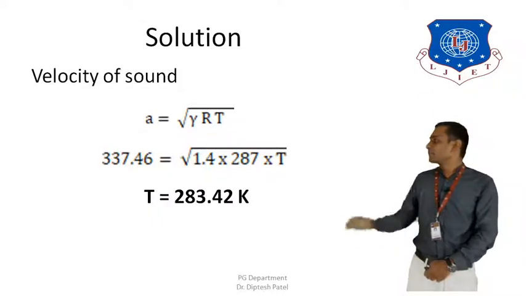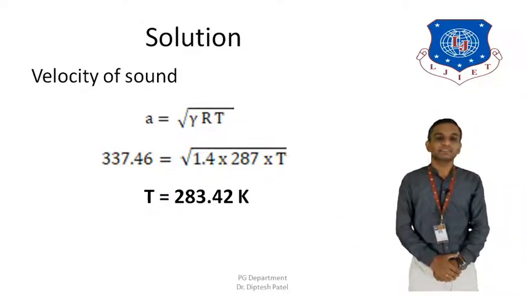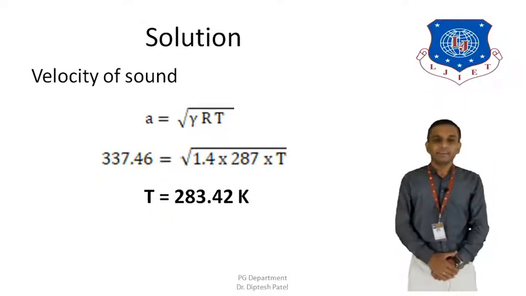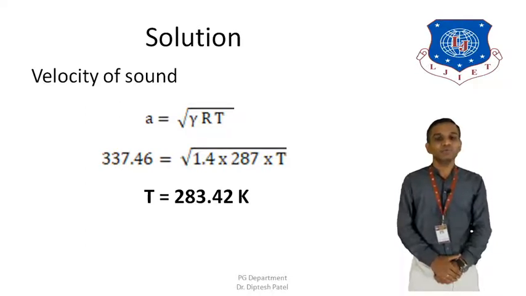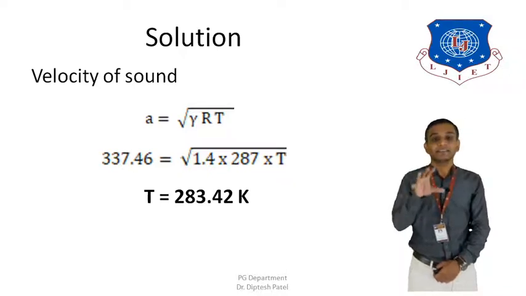So 337.46 is equal to under root of 1.4 into 287 into T, and therefore T is 283.42 Kelvin. This is our first finding, the temperature at static conditions, capital T.